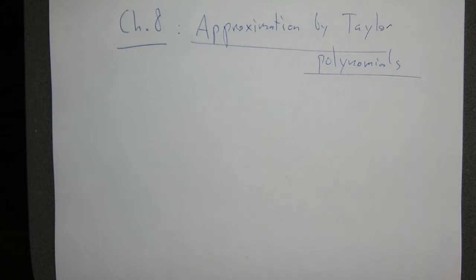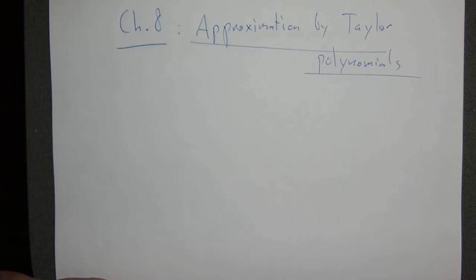last bit of material that we're going to cover, which is chapter 8, which talks about something that you've seen before in some form, namely Taylor polynomials for some function. So the general idea is that you consider polynomials kind of the absolute simplest type of function that you can talk about.